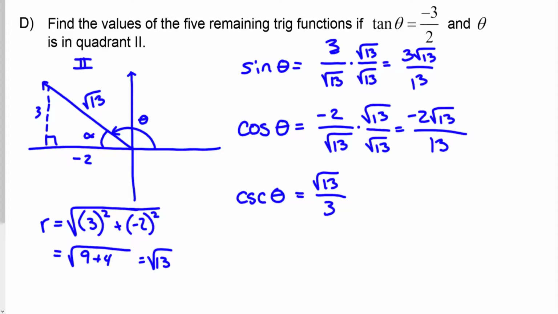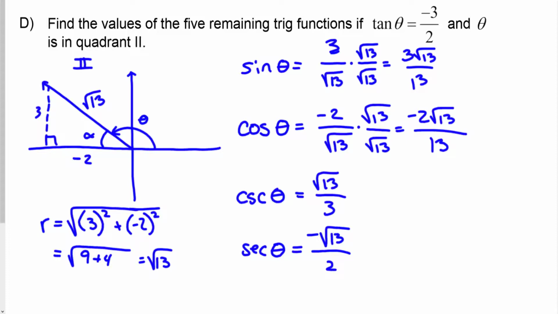All right, then secant in a similar fashion is going to be square root of 13 divided by -2, but it's more common here to put the negative in the numerator. So negative root 13 over 2.